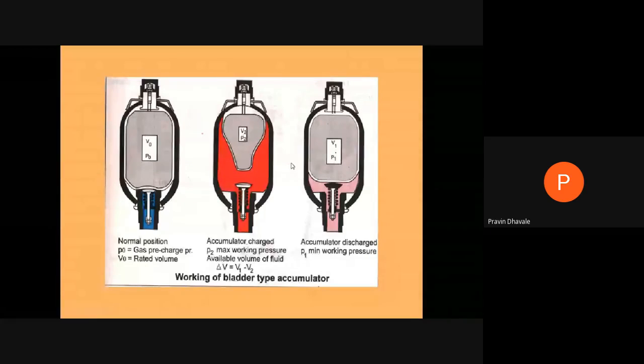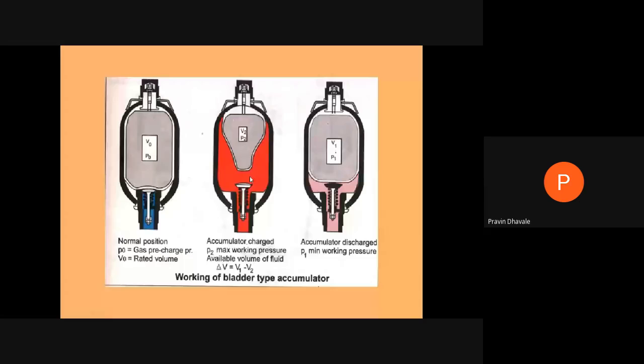The bladder is a rubber element, so after prolonged use it is necessary to replace it, or certain service will be required. Such material has a certain melting point, so there will be limitations for handling high temperature fluid using bladder type accumulators.